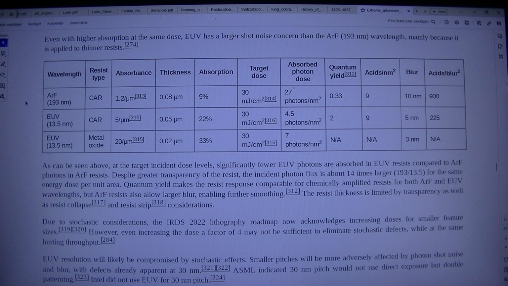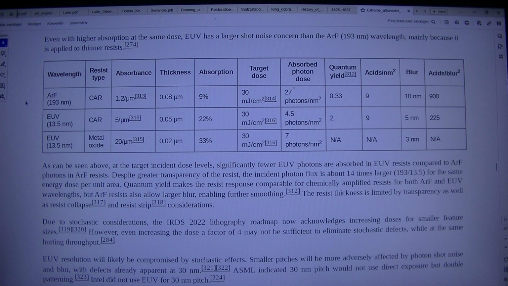EUV, 13.5 nm, CAR, 5/µm, 315, 0.05 µm, 22%, 30 mJ/cm2, 316, 4.5 photons/nm2.